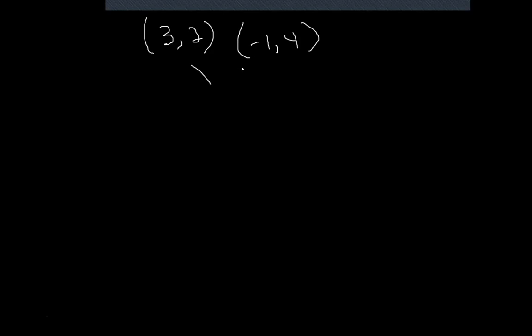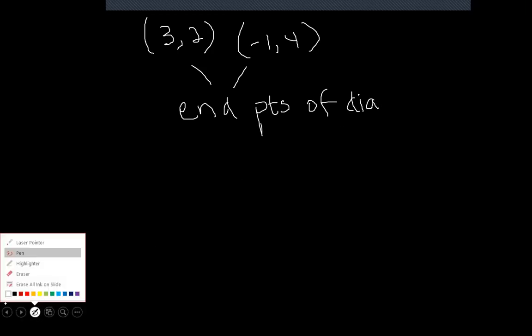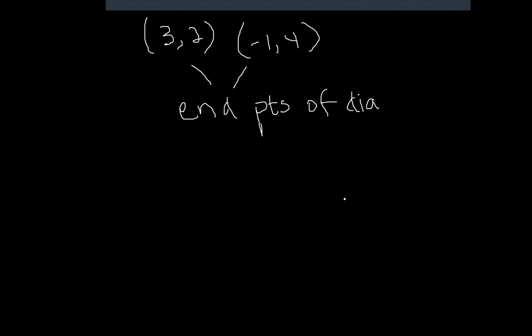And they said that these 2 points were the endpoints of the diameter. So just put di. It always helps to draw a little sketch to the side, if you want to. You don't have to.